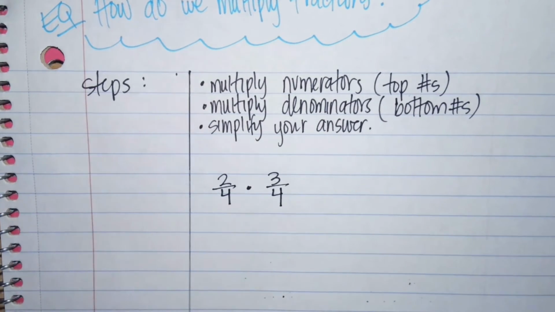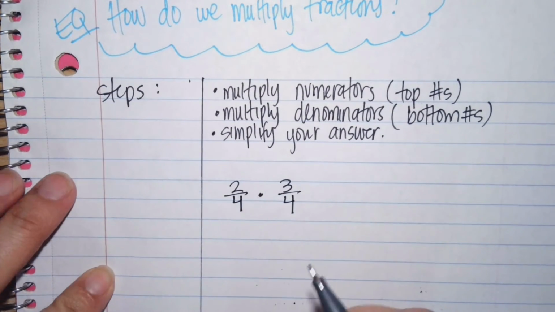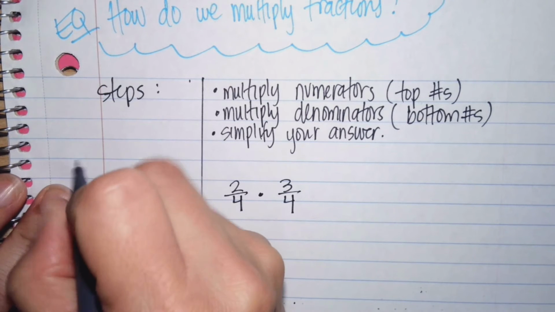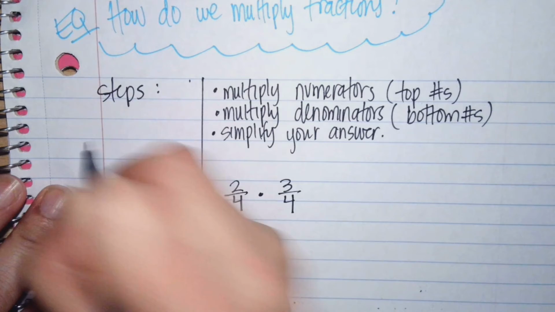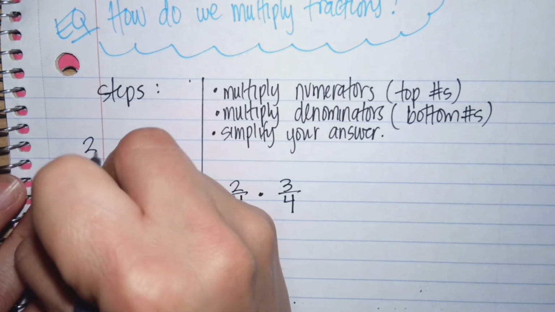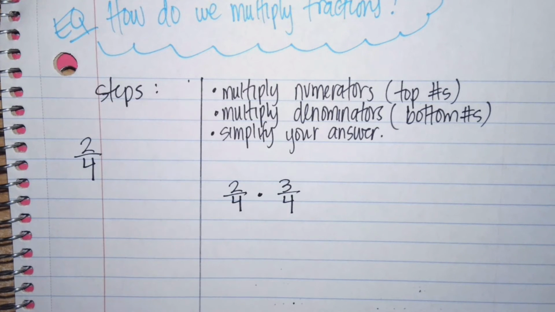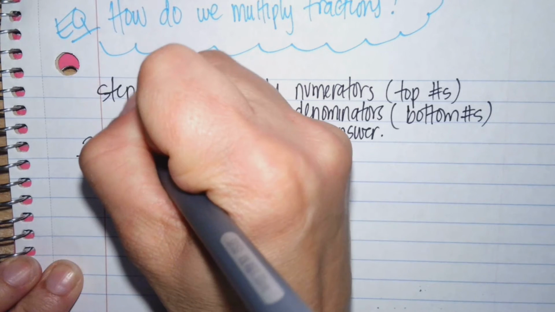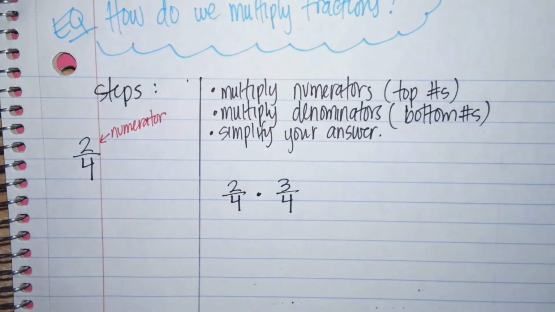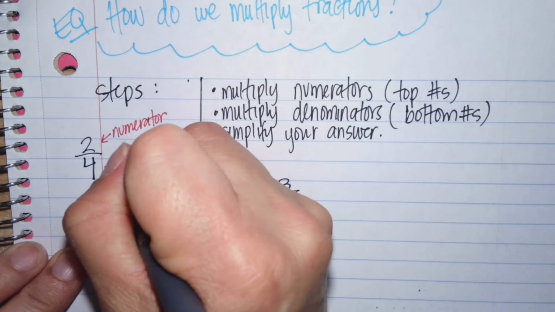Again, for those of you who don't know the parts of a fraction, given a fraction like 2/4, the top number is going to be your numerator, this guy here, and the bottom number is your denominator, this one here.